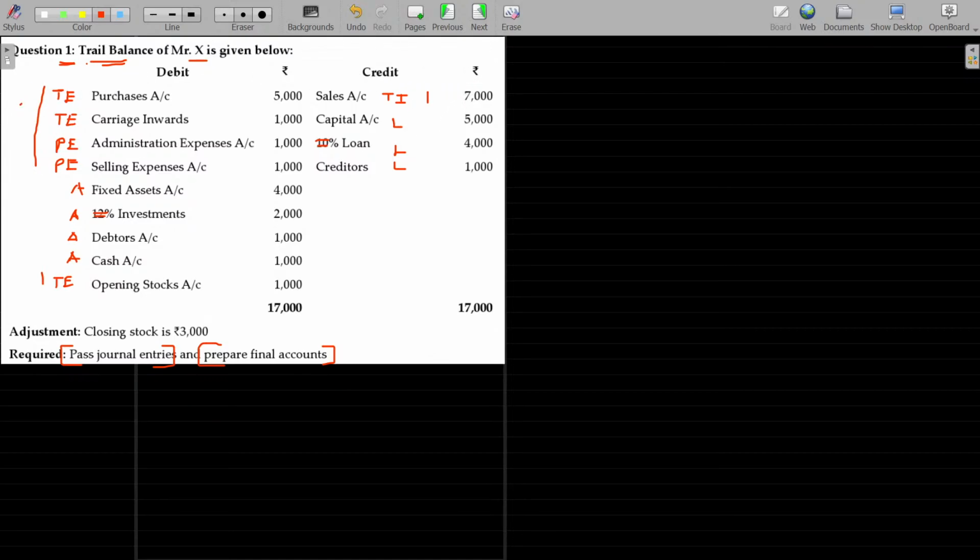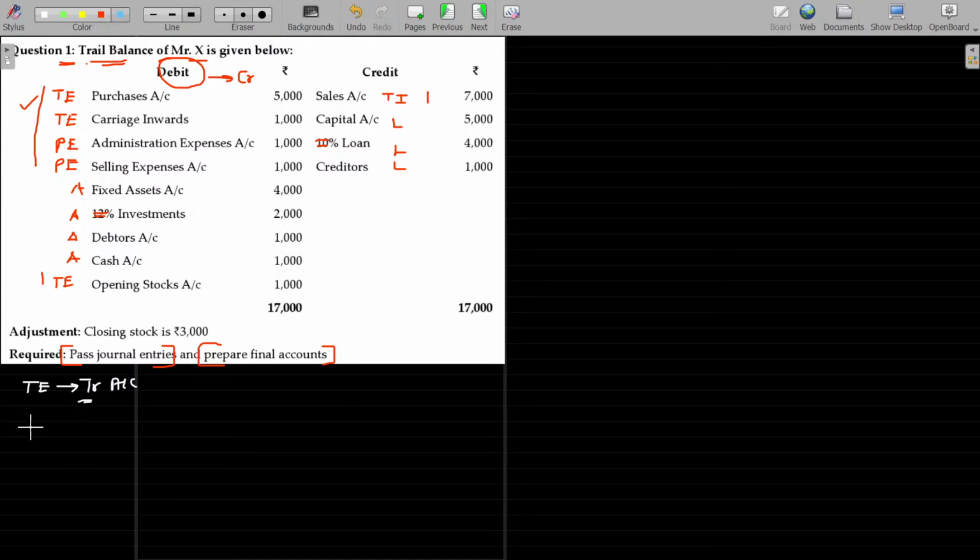Let me now pass the entry for the trading expenses as well as P&L expenses. The entry here being trading expenses transferable to trading account. For that, while transferring, the debit should be converted to credit and the account where it is transferred will be debited.